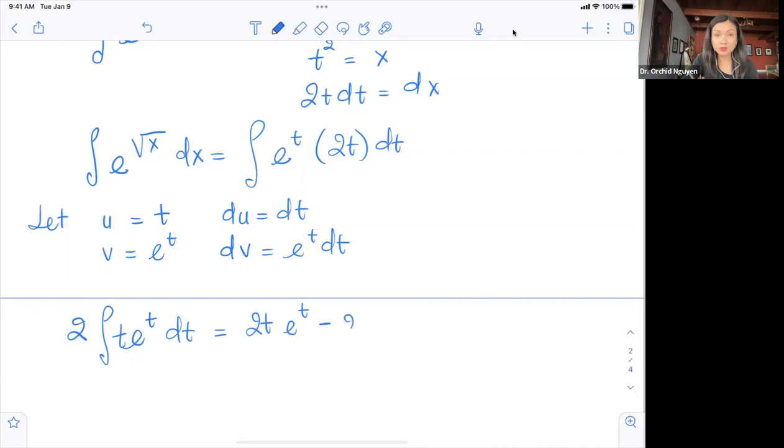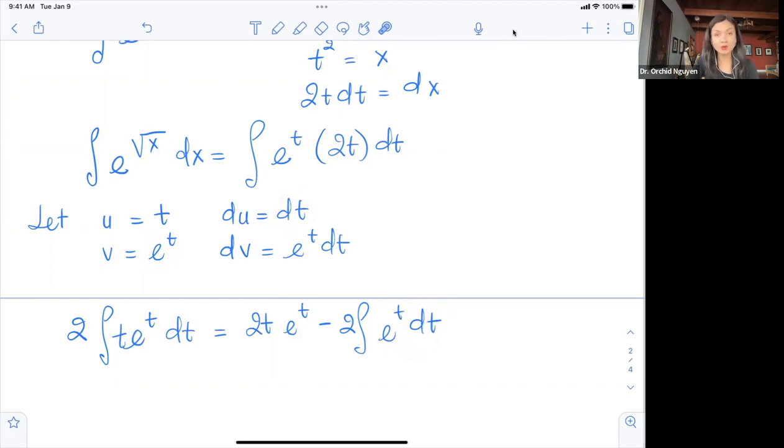Minus 2 e to the t dt. So you can see that that 2, I have to multiply for both. And then I have u times v, so that's why I have t times v. And then this is v du.